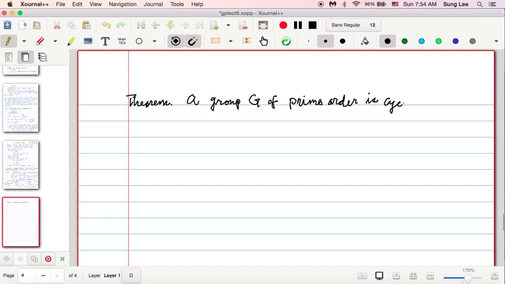You remember that, right? A group generated by only a single element.